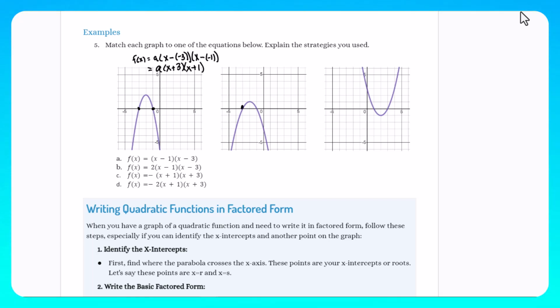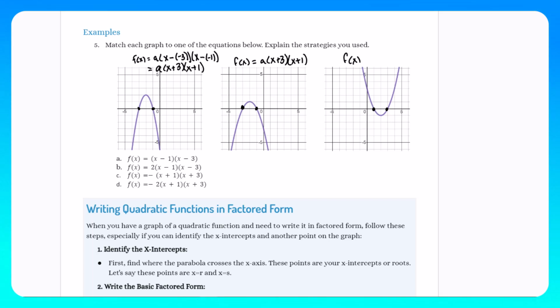Well, what about this one here? Even though the general shape of it's different, it still has negative 3 and negative 1. So I won't write all of the calculation out, but this is going to look exactly the same: a times x plus 3 times x plus 1. Now this one, a little different. These are both positive.